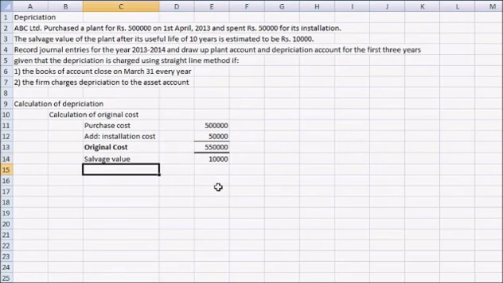And we know the useful life for the plant is 10 years. It's been given. So we can also calculate the depreciation amount.